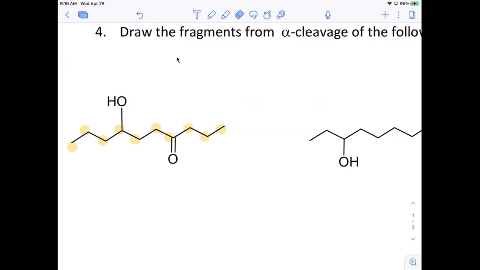So how many carbons is that? 1, 2, 3, 4, 5, 6, 7, 8, 9, 10 carbons. So let's do some math. And then we've got 2 oxygens. And then the hydrogens: 3, 6, 7, 9, 11, 13, 15, 17, 19 hydrogens.